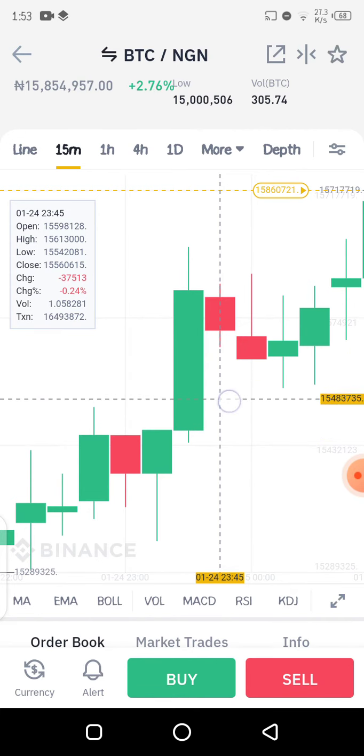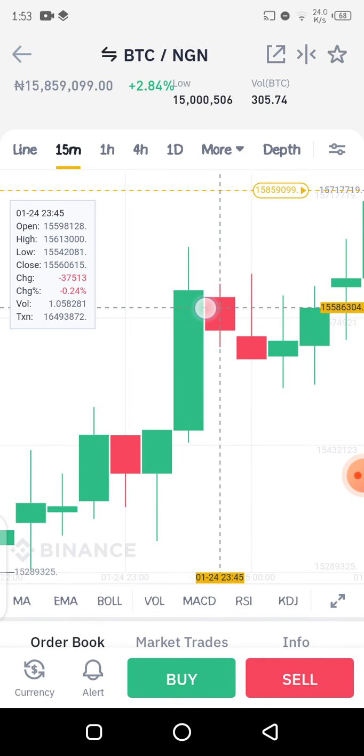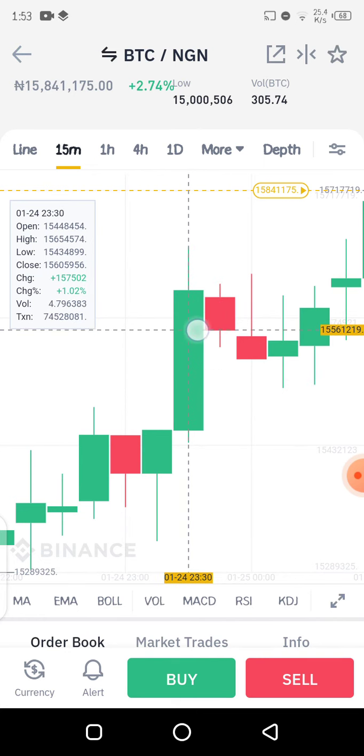Sometimes they will sell, then buy, going up and down. To go up here, they will buy, then sell again and come down, maybe to this level somewhere here, then go up again, come down, go up, get here, go down. So lots of activities going on for that 15 minutes.